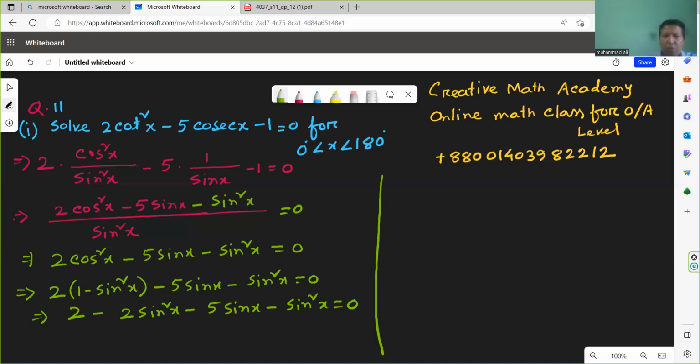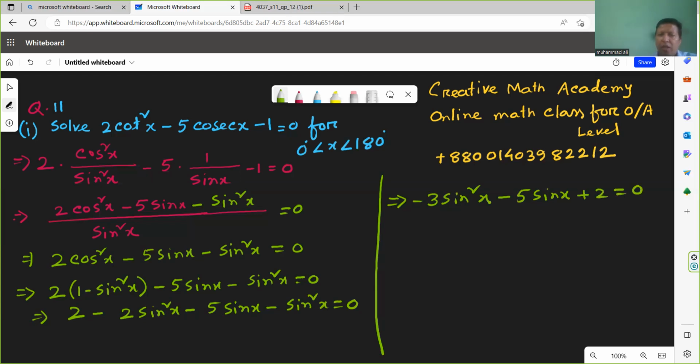So we try to add the same terms, that is minus 2 sine square x minus sine square x. If we add here, we will get minus 3 sine square x minus 5 sine x and plus 2.